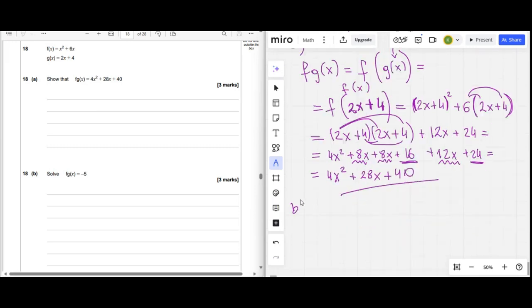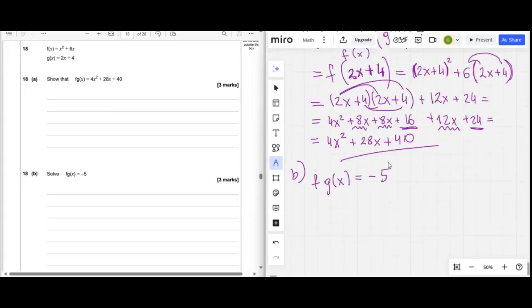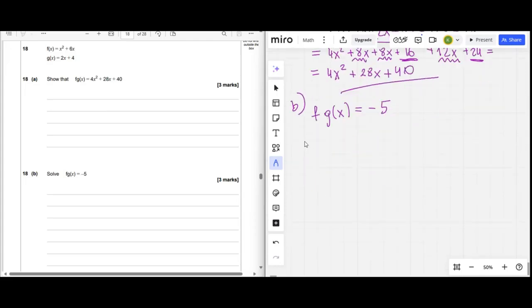And now in B, we need to solve that f of g of x is minus 5. Okay, so let's put our finding, 4x squared plus 28x plus 40 should be equal to minus 5. Let's move that minus 5 to the left-hand side. So to get rid of that, we need to add 5 on both.